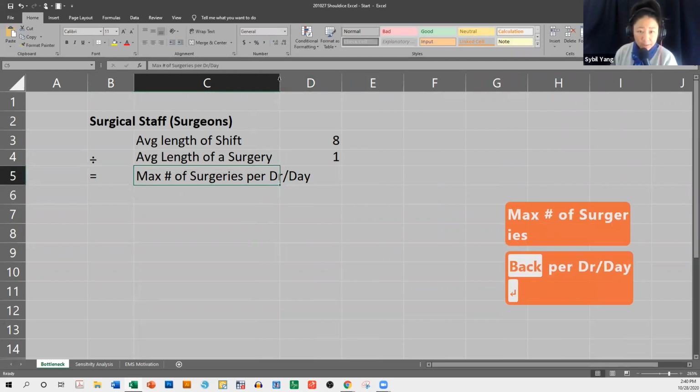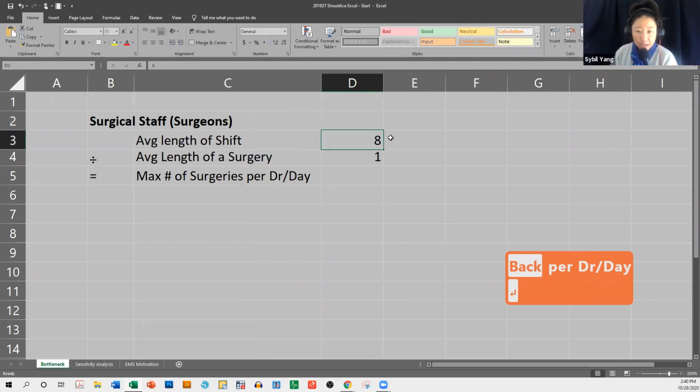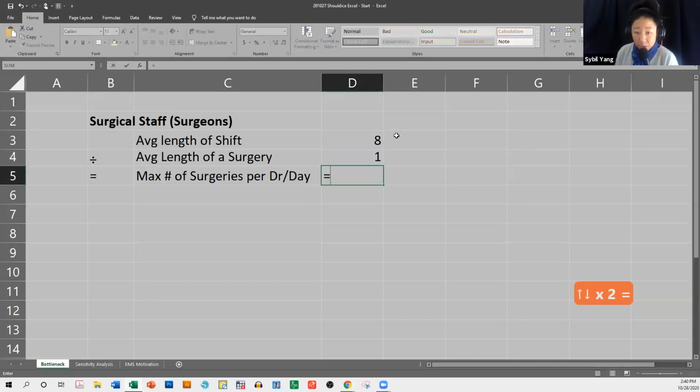And this is assuming that the doctor is only performing surgeries during their entire 8-hour shift. So an 8-hour shift divided by an hour per surgery, presumably they can do 8 surgeries a day.